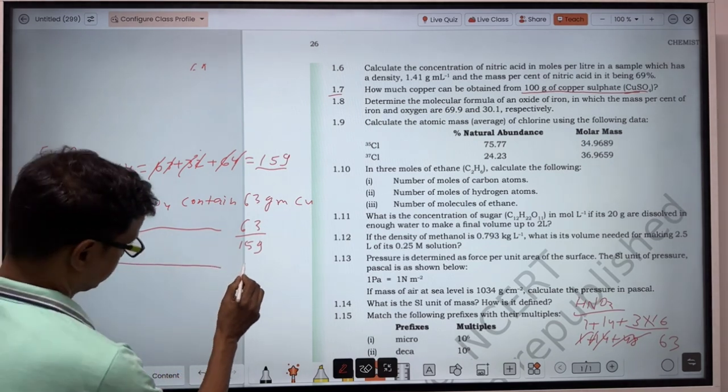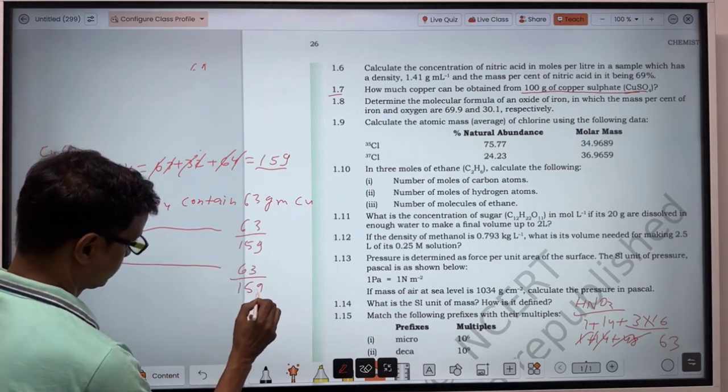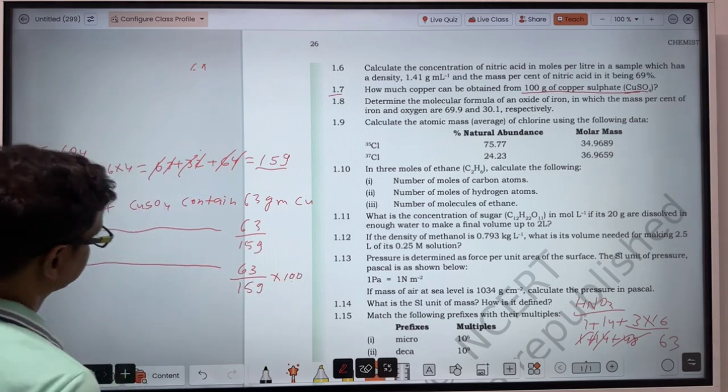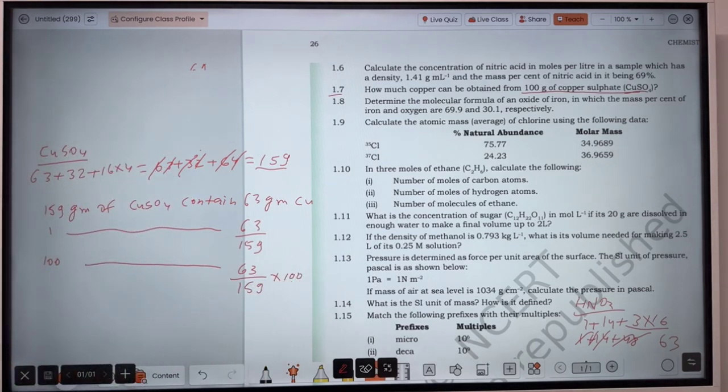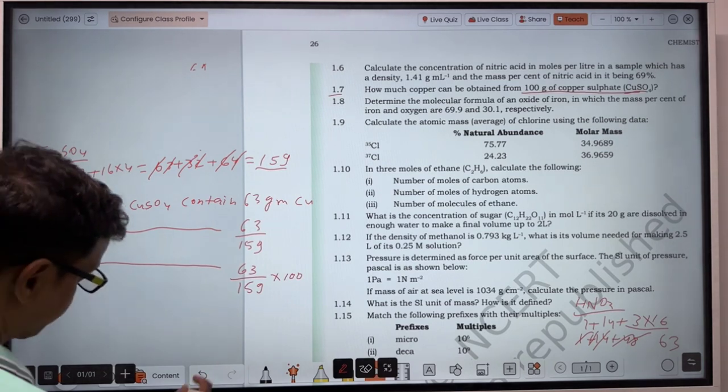So in 100 gram that will be 63 divided by 159, so calculate this one. 6300 divided by 159, that is 39.62, that will be 39.62.